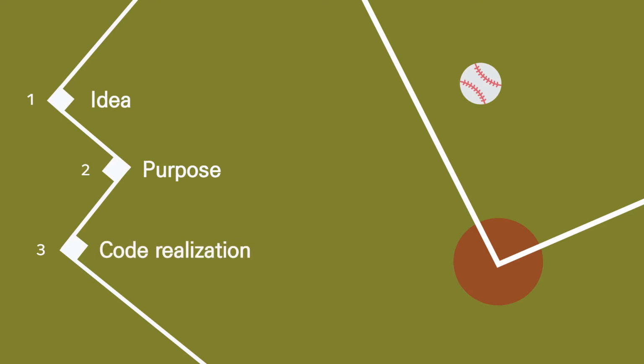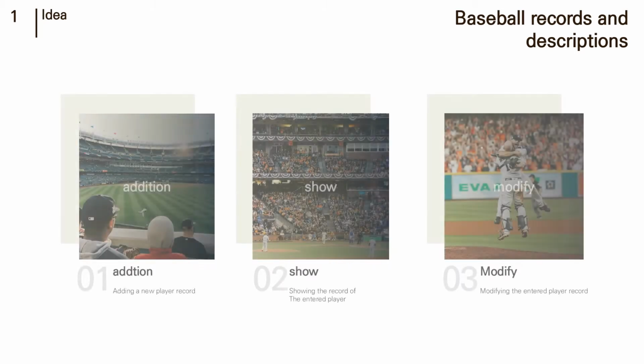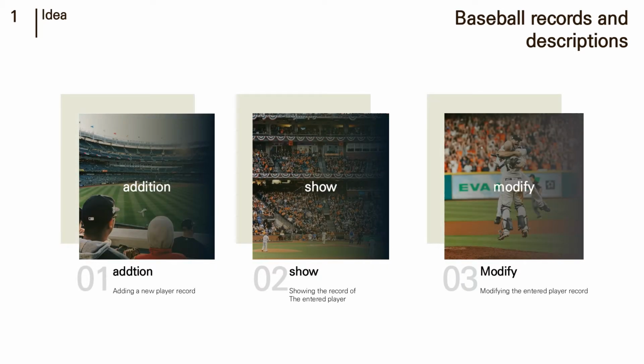Lastly, I will explain the code about the project. My C project is baseball records and description. There are three main categories: adding record, viewing record, and modified record.